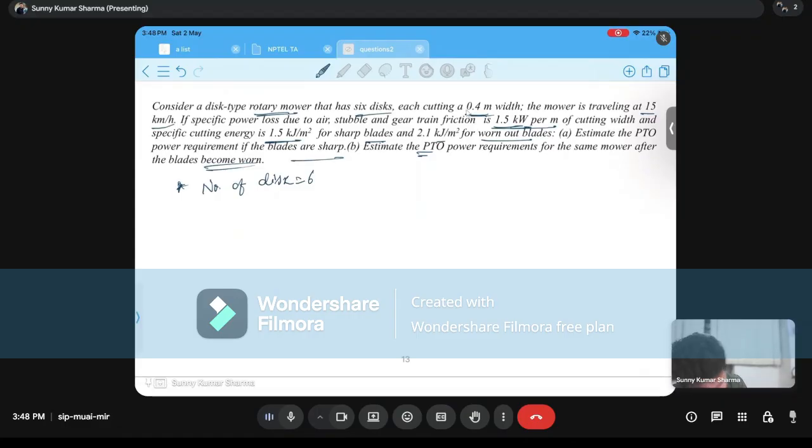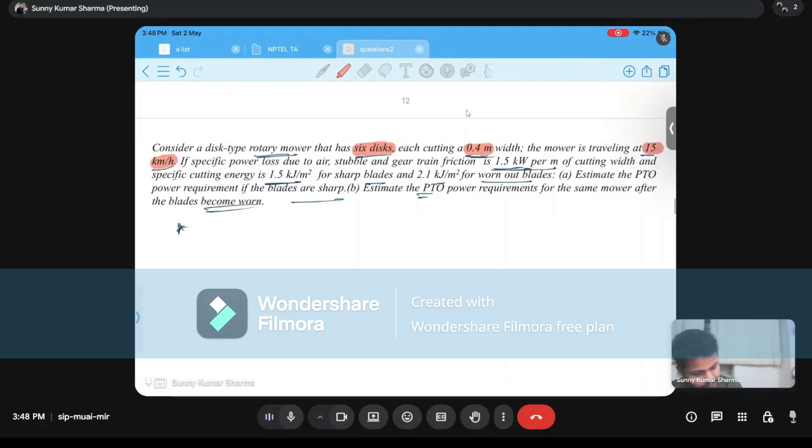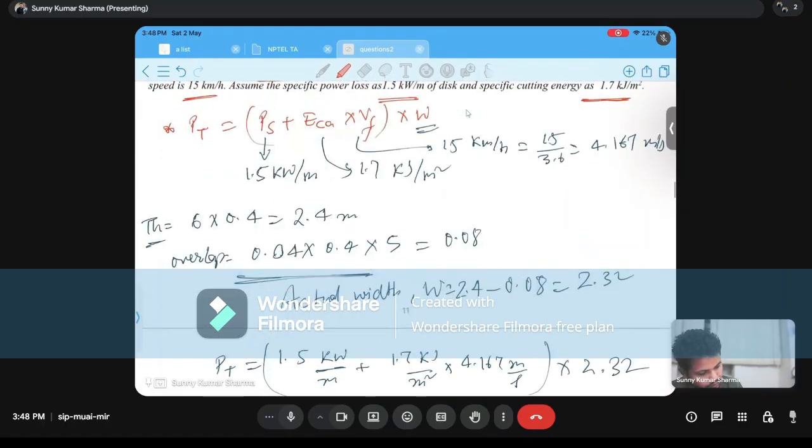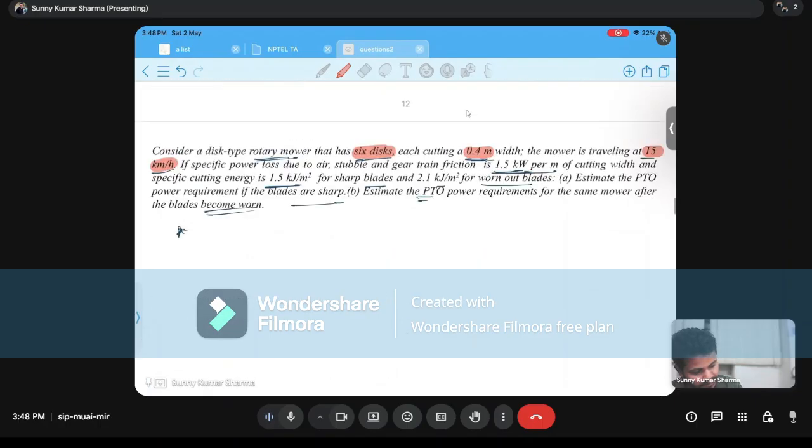Cutting width per disc is 0.4 meter. Forward velocity is 15 kilometer per hour. 15 kilometer per hour means 4.167 meter per second. So this is 4.167.